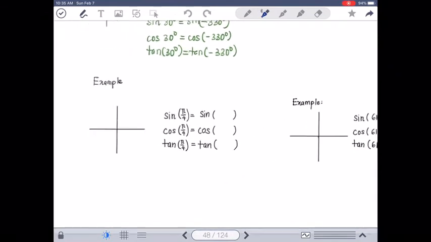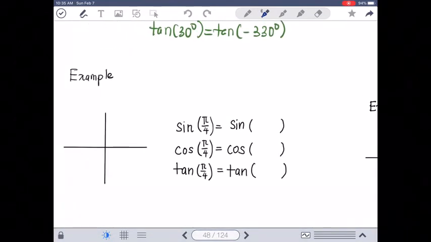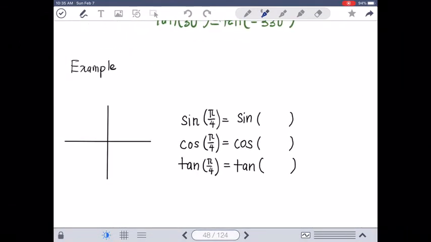Next one. If we have our angle in the form of radian, so pi means that the angle is in the form of radian. So where is pi over 4?